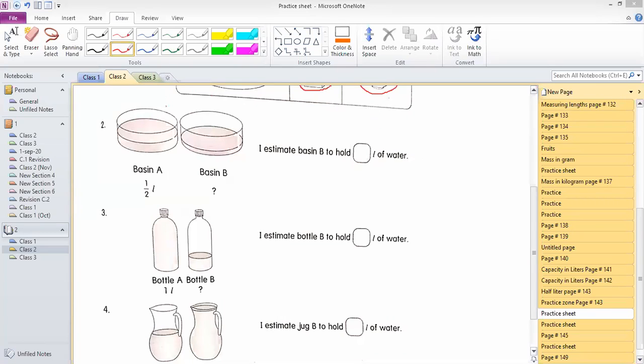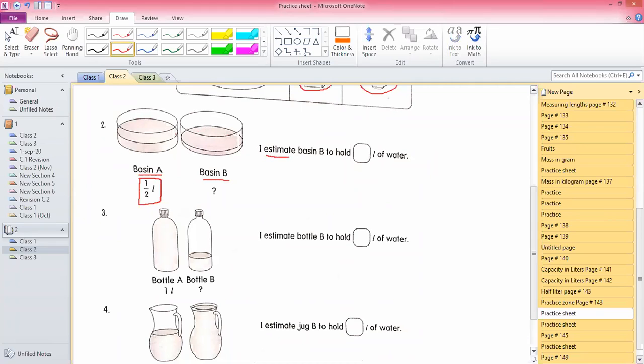All right. Now question number 2. This is basin A and this is basin B. You can see there is some liquid in basin A and in basin B. How much liquid is in basin A? That is given to you. This is half. Now you have to estimate. Do you know, guys, what estimate means?